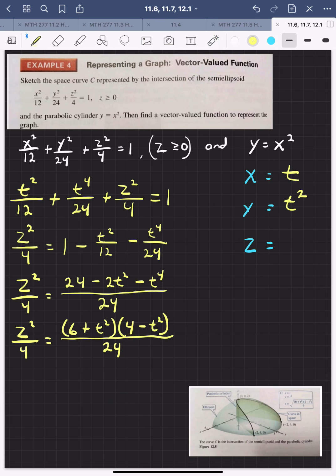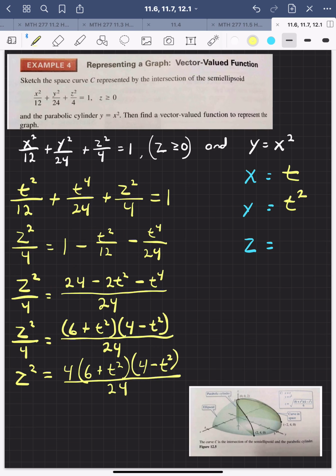But at this stage, let's go ahead and multiply by 4. And now we got z squared by itself. And in just a second, I'm going to take the square root so that I can solve for z. So let me not talk and write at the same time, because disaster may come.